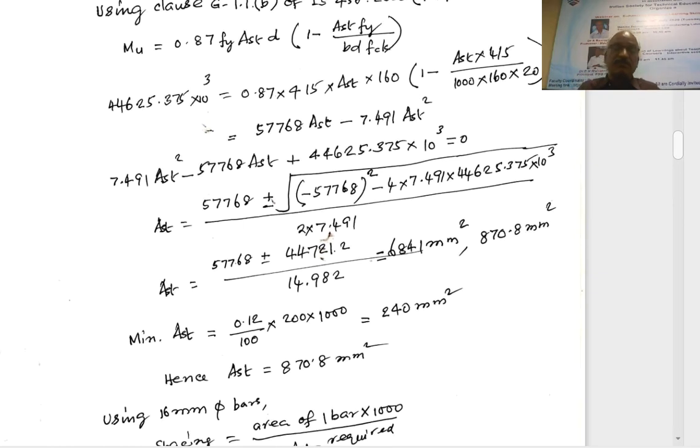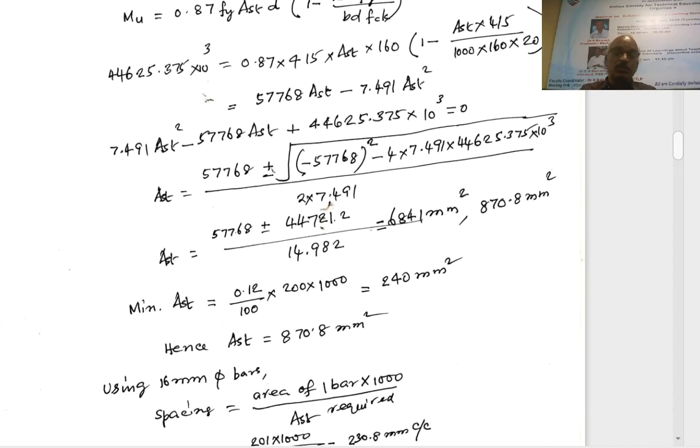Minimum steel, when we use Tor steel, is 0.12% of the total cross-sectional area. Required is 870, minimum is 240. Therefore, the required reinforcement is more than the minimum, so provide 870.8 mm square using 16 mm diameter bars. Spacing equal to area of 1 bar into 1000 by AST required.